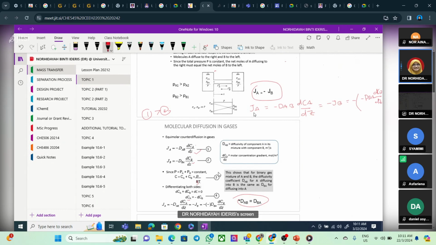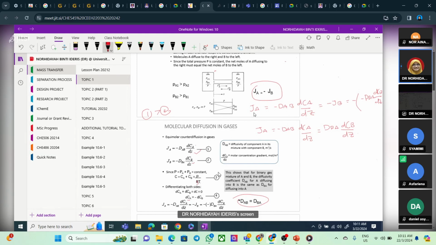So JA, negative DAB dCA over dZ, is equal to DBA dCB over dZ. Right, so this is just a rearrangement from equations 1 and 2.